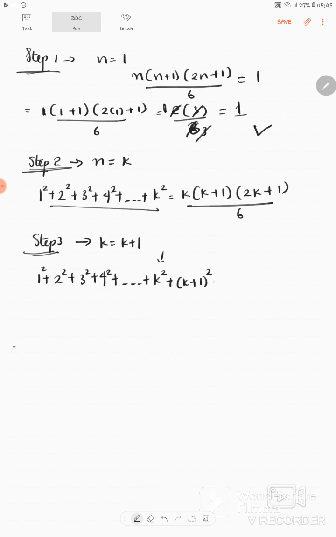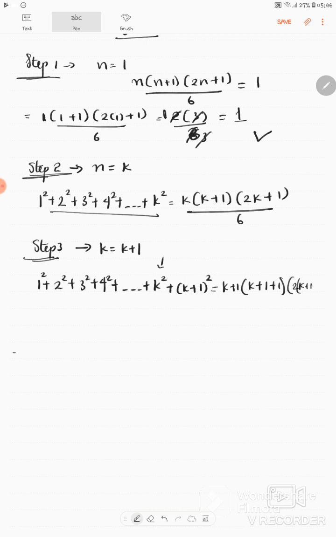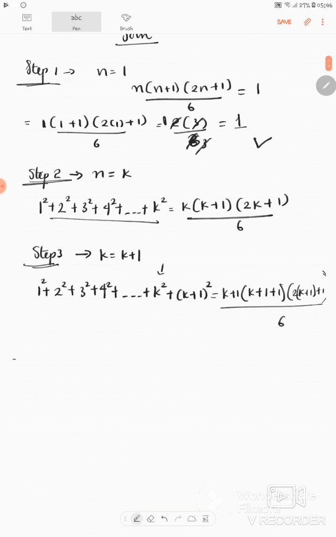Then it's equal to, anywhere you see k, put k plus 1: open bracket k plus 1 close bracket. That is, if you put k into it, that will be k plus 1 plus 1 open bracket 2k plus 1 close bracket all over 6.